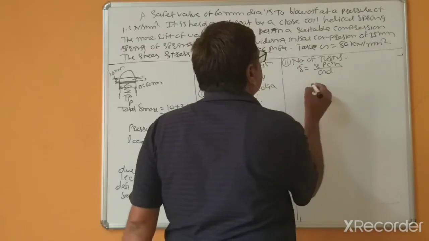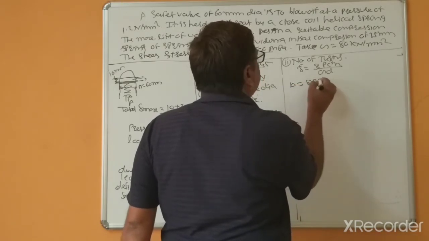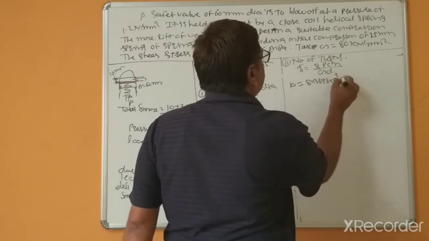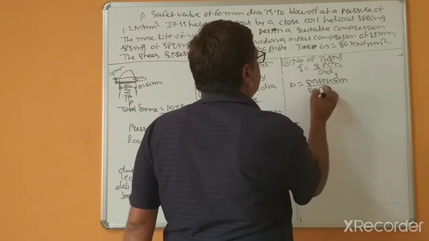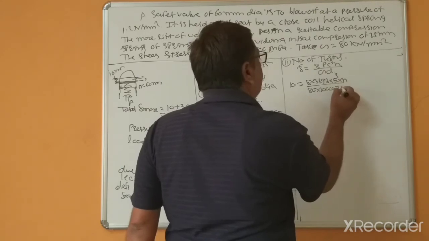You can take 10 mm equals 8 into 3393 into 5 cubed multiplied by n divided by 80 into 1000 multiplied by d equal to 25.